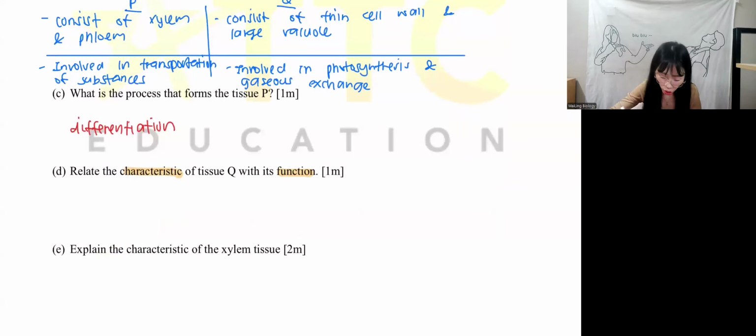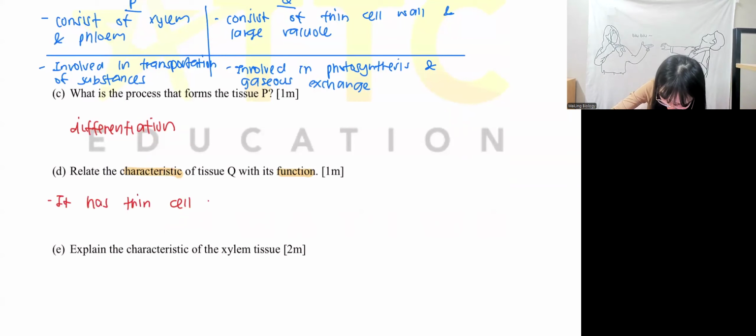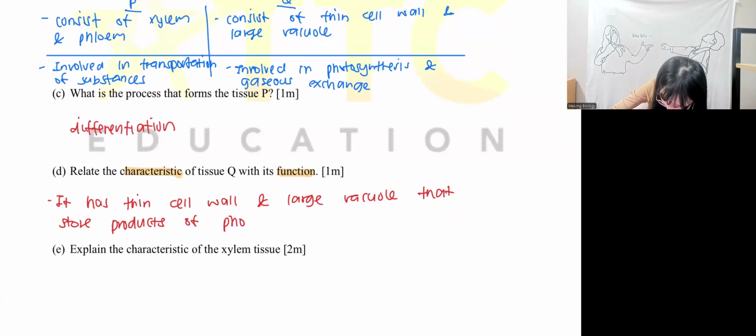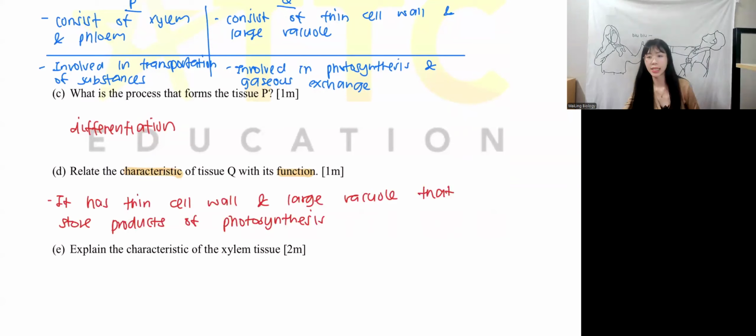So we're going to say storage. Say thin cell wall first. It has thin cell wall and large vacuole that store products of photosynthesis.